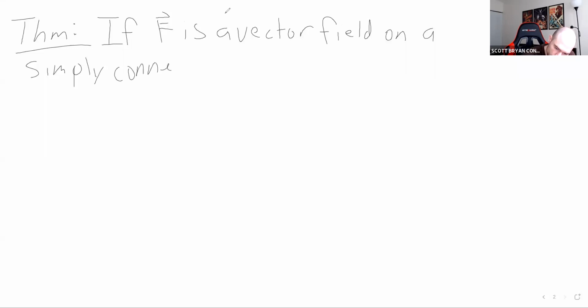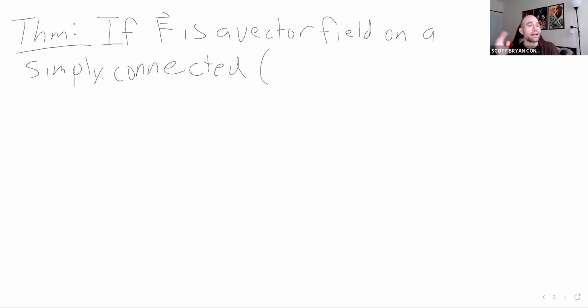So it is just a vector field defined on a simply connected domain. I wouldn't worry too much about this. We're not going to try to get tricky on you. But this can fail if we're not simply connected. And if we have time, we'll look at an example of how that works.